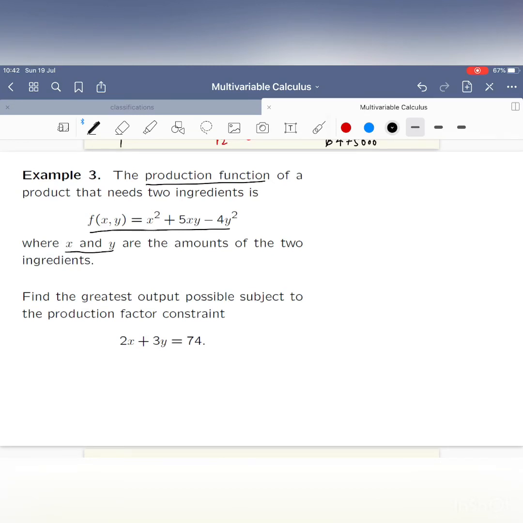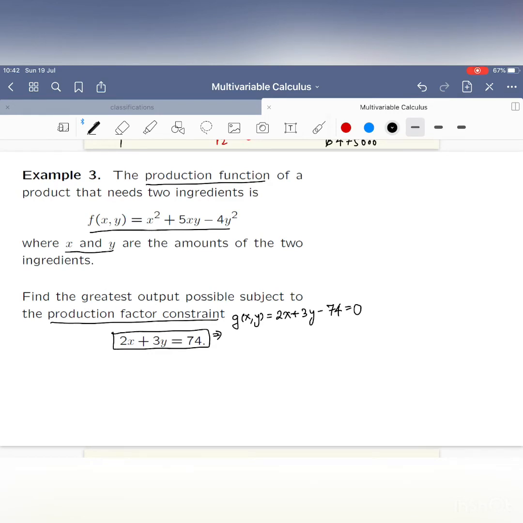The x and y are the amounts of two ingredients, and they have the production factor constraint, which is 2x plus 3y must equal 74. So your g, the constraint, is 2x plus 3y minus 74, and let it equal 0.